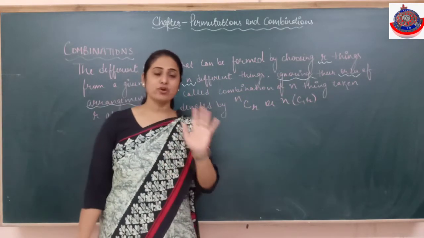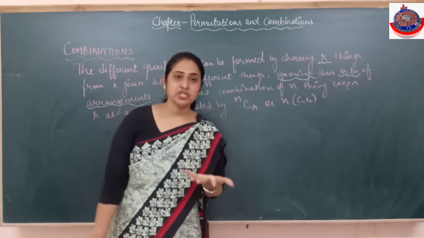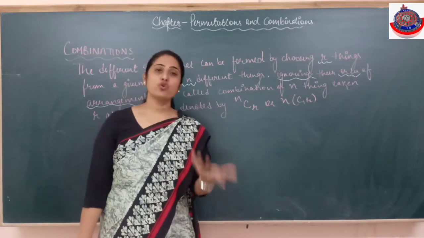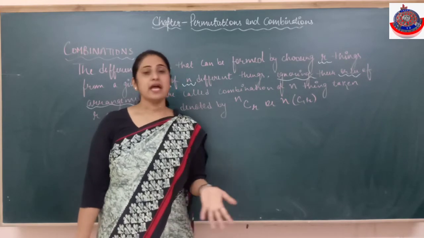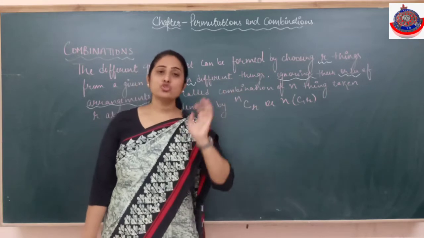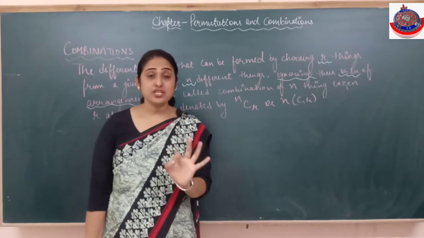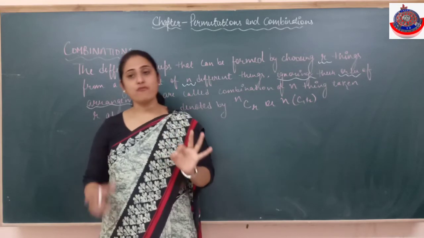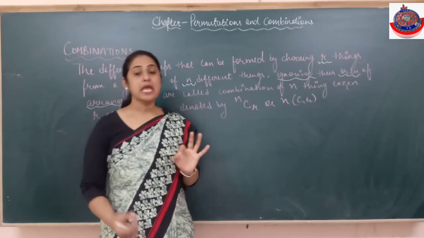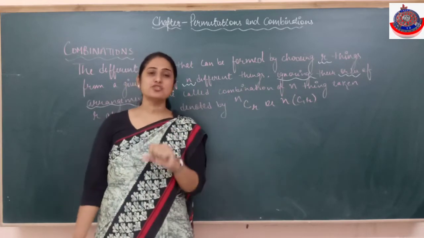I gave you an example earlier also. I have a class. Now there is a competition in the school. I have to choose 4 children. I have a class of 20 and I have to choose 4. So selecting 4 children from those 20 is a combination. That is a selection. Irrespective of the order in which the 4 selected should come, first this girl, that boy, this boy, that girl, nothing.